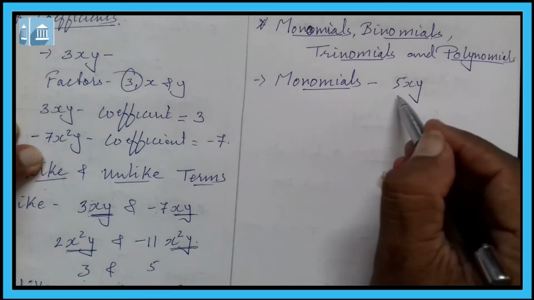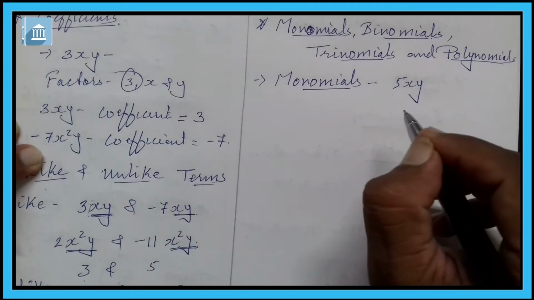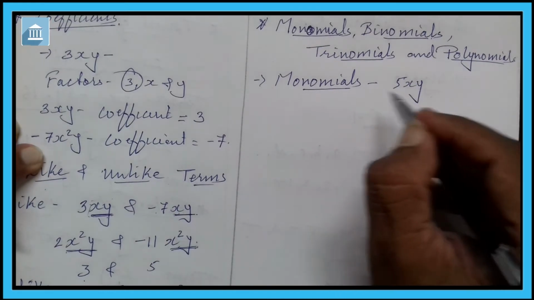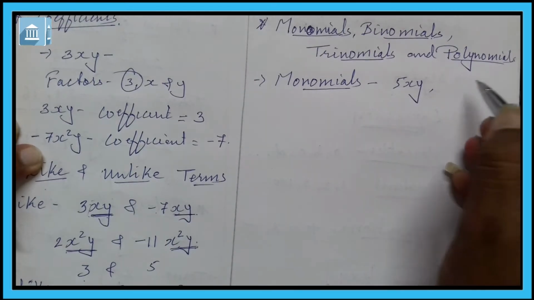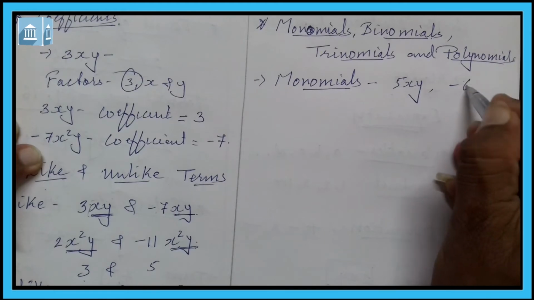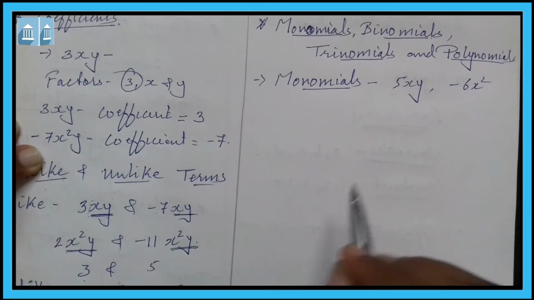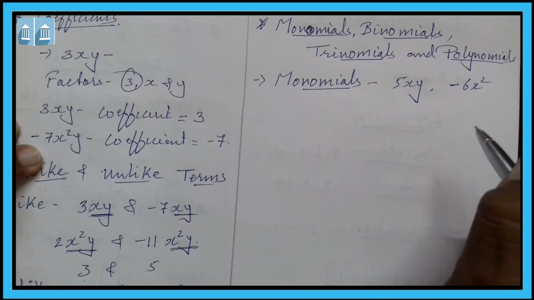There is no multiplication sign, no addition or subtraction sign in between, and that is known as a monomial. Or you can say minus 6x square, this is also a monomial.